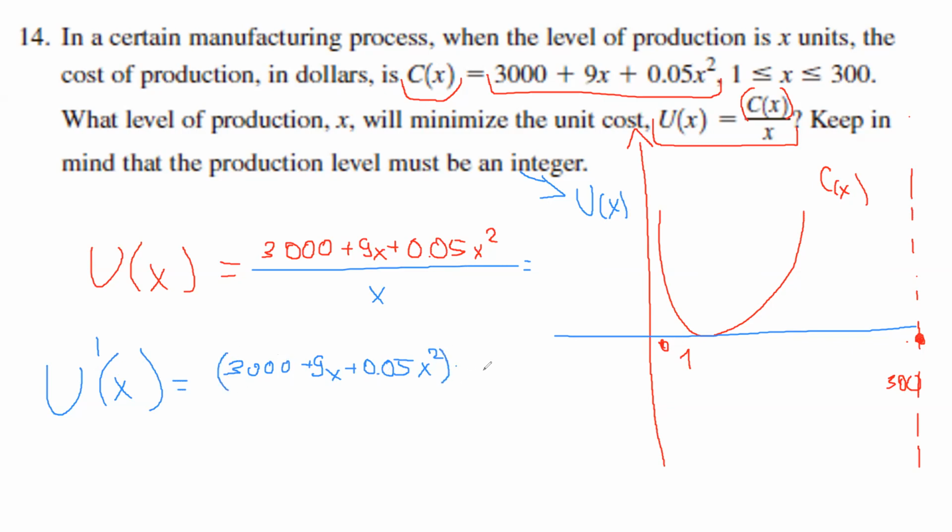Subtract g of x, so x times 9 plus 0.1x, times g of x. Am I right? Divided by x squared. What would you say about it? Yeah.